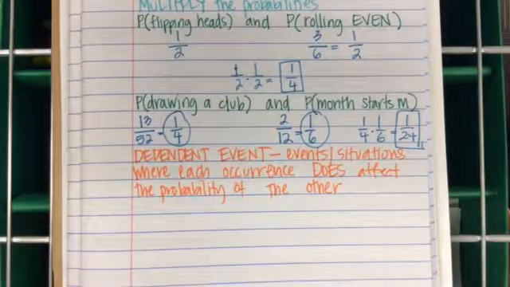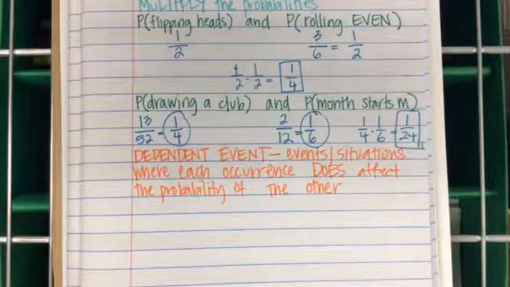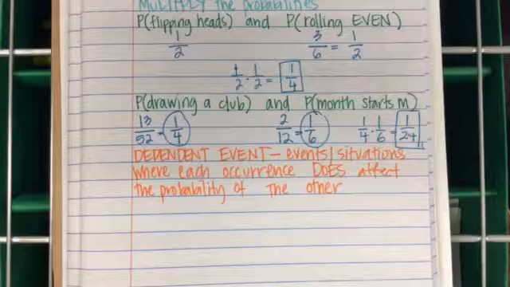Dependent events are where it changes. It does affect. Flipping a coin and rolling a die are independent of each other. They do not matter.